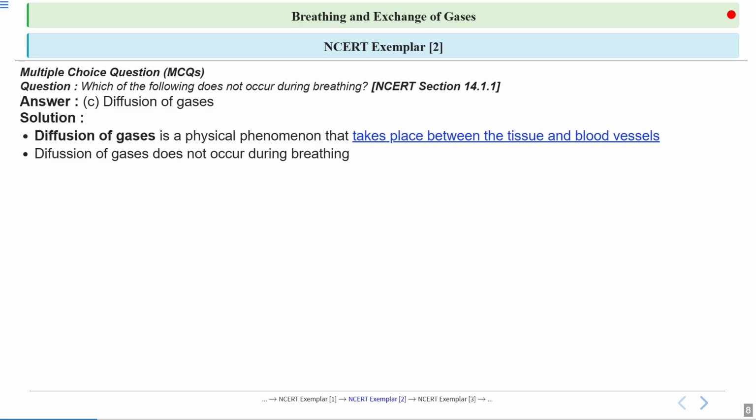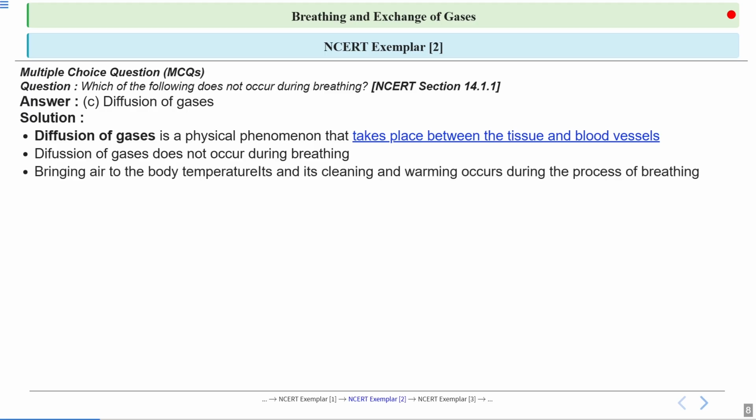It takes place between the tissue and the blood vessels. So bringing the air to body temperature, its cleaning and warming occur during the process of breathing, right? All of it happens during the breathing process.